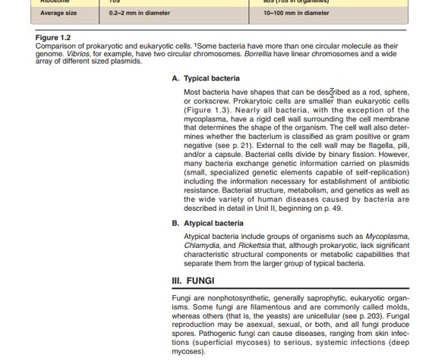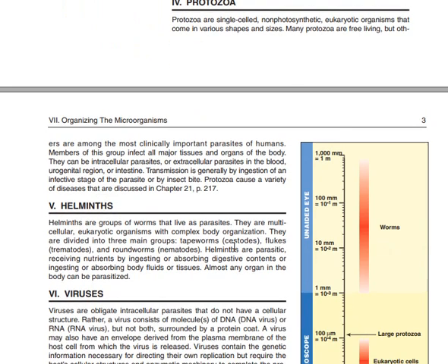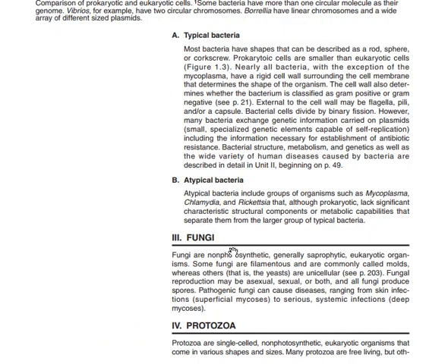Nearly all bacteria, with the exception of the mycoplasma, have a rigid cell wall surrounding them. In the case of atypical bacteria, they include organisms such as mycoplasma, chlamydia, and rickettsia. Although they are prokaryotic cells, they do not actually have the typical characteristics of bacteria. Is it clear?